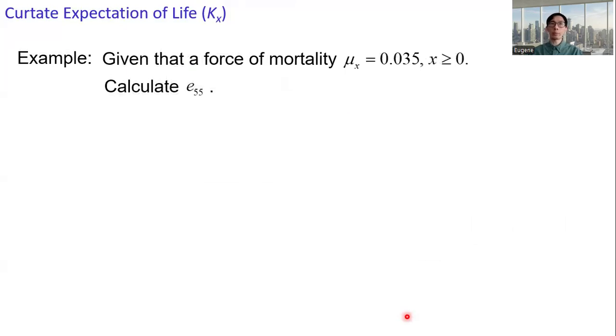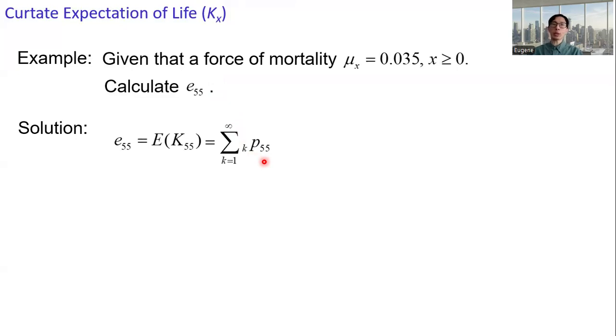The next example, given that a force of mortality mu x equals 0.035, and we are asked to calculate e55, the curtailed expectation at age 55. All right, we start with the definition. This is the summation of kp55 from k equals 1, and there's no limiting age, so up to k reaching infinity.